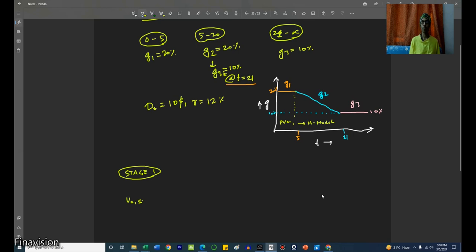V0 stage 1 is given by $10 into 1.2 divided by 1.12 to the power 1, plus 10 into 1.2 square divided by 1.12 to the power 2, plus dot dot, 10 into 1.2 to the power 5 by 1.12 to the power 5.